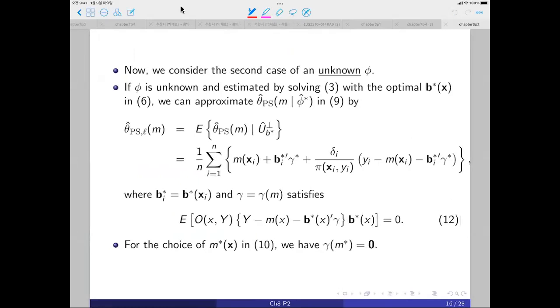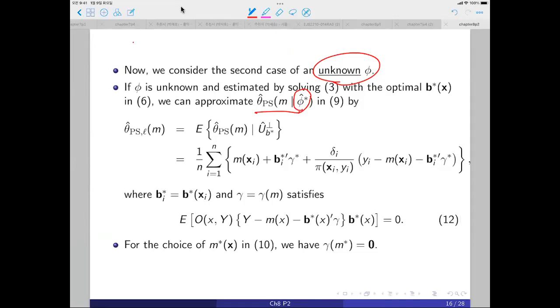And now, if you want to move on to the unknown pi, remember we have this PS estimator theta hat, right? This theta hat star is the optimal one. When you use MLE, we can view P hat as a projection onto the orthogonal part of the score function, right? So this is basically what we are doing here.